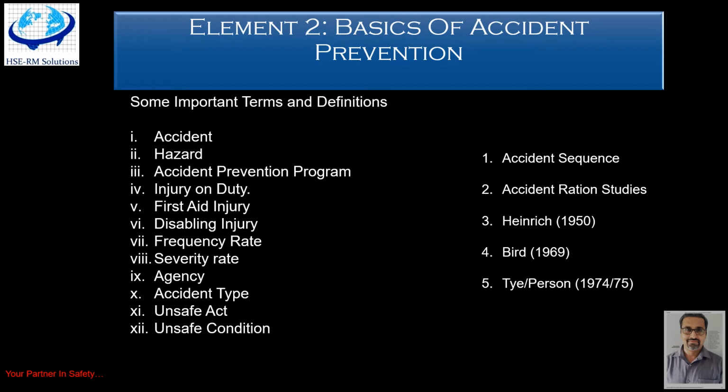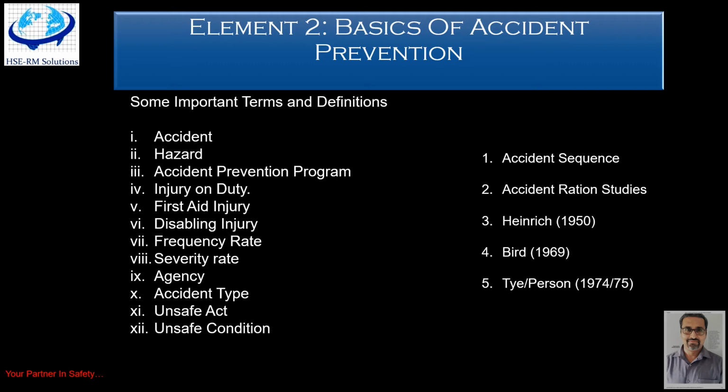Suppose he had a fracture and he is okay now. Initially for 1 or 2 days, he requests his supervisor to give him light work. Those 2 days are TPD for him. Correct. So there are different terms: permanent total disability, that is PTD, permanent partial disability, that is PPD, temporary total disability, that is TTD, and temporary partial disability, that is TPD. So this is how disabling injuries are defined.